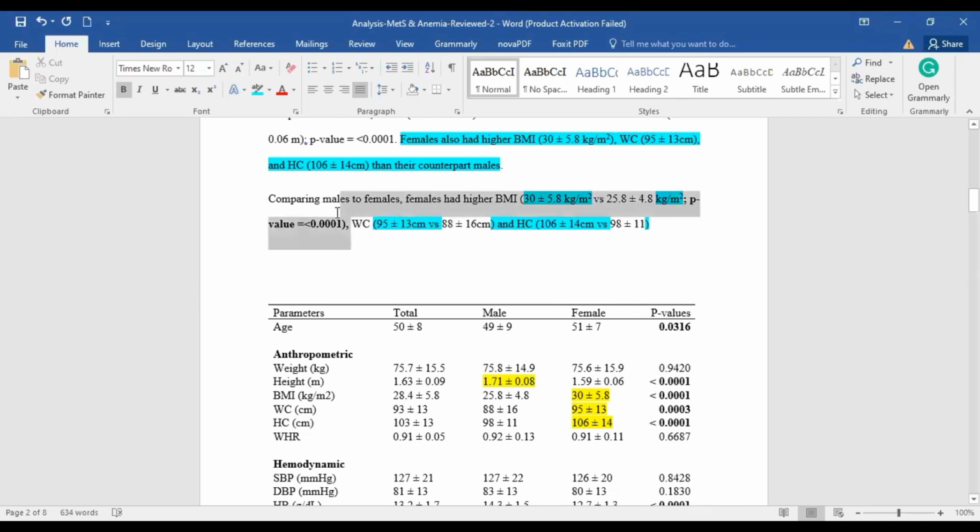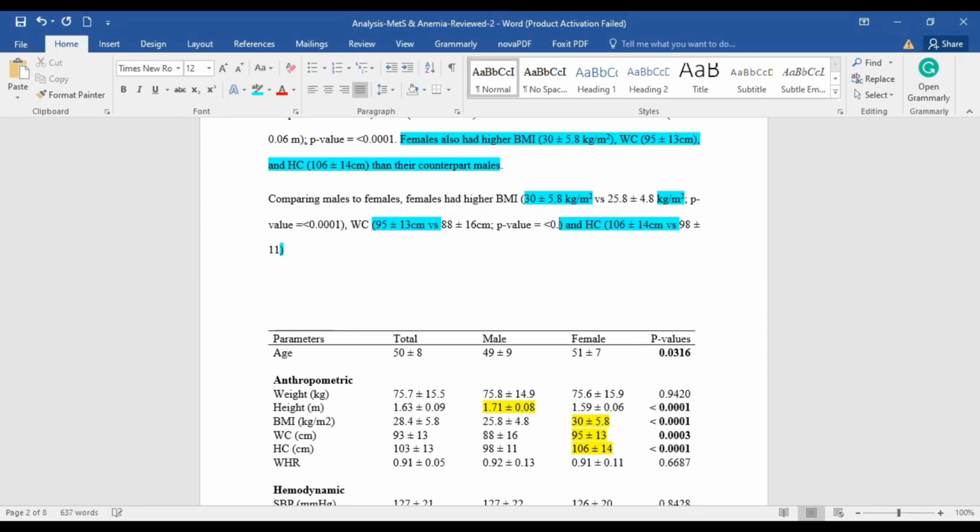For WC, the p-value is 0.03. And for the WC, it's less than 0.001.